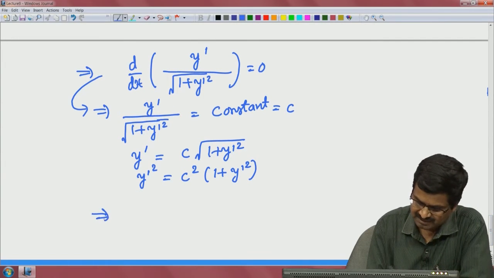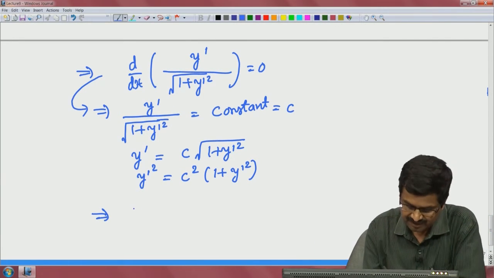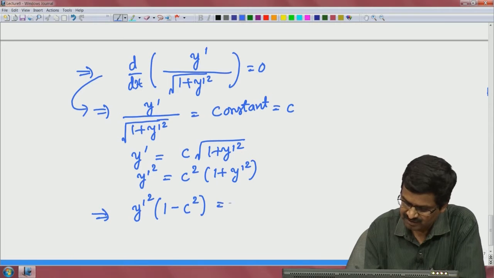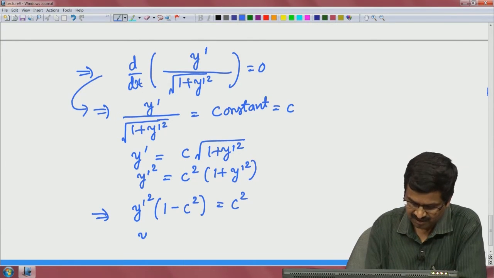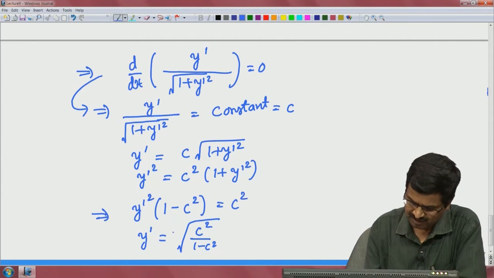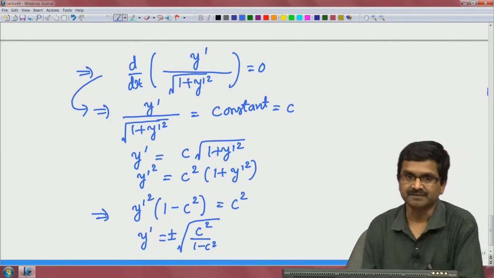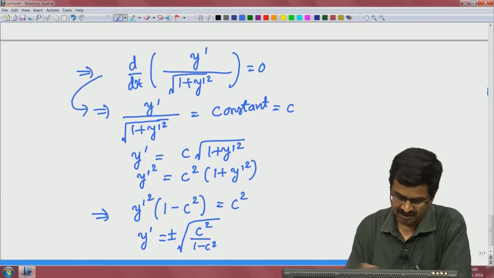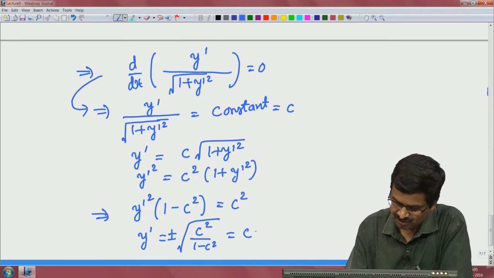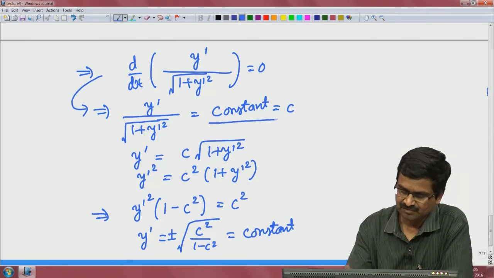That implies that if we bring the y' terms together, it becomes 1 minus c square, or y' is equal to square root of c square by 1 minus c square, plus or minus does not matter. What we get is y' is constant, because c is constant.